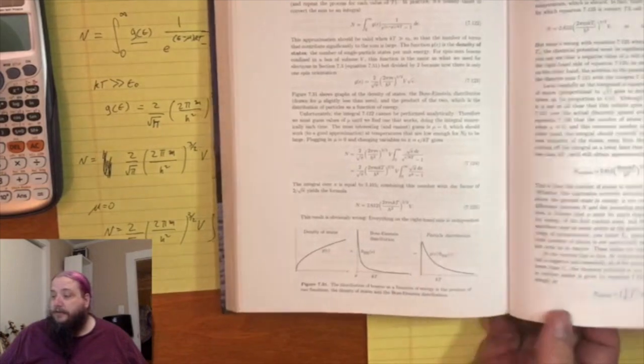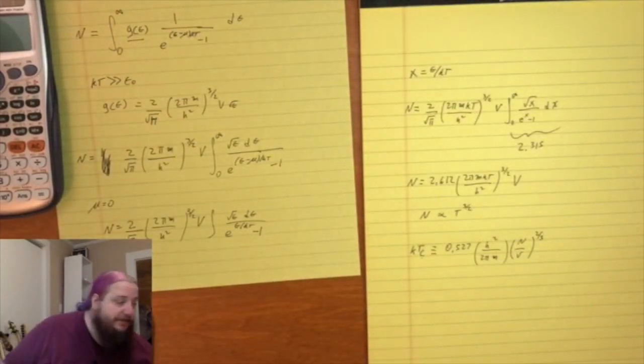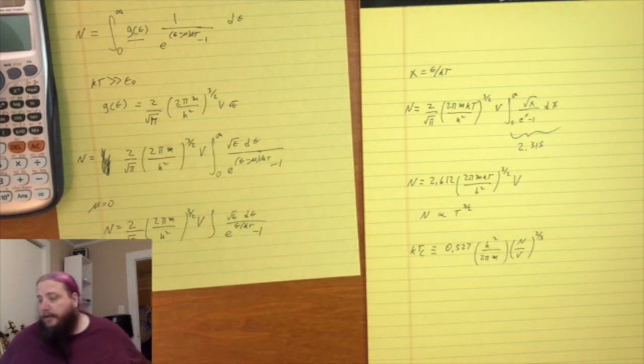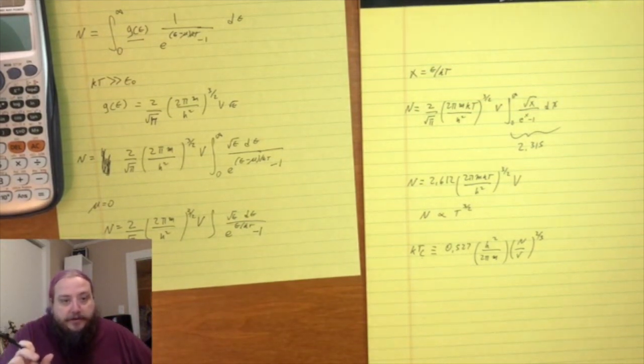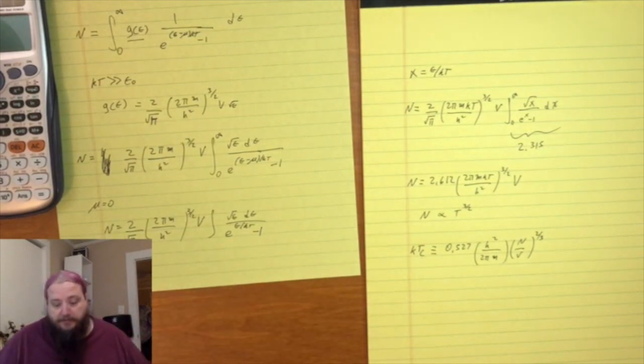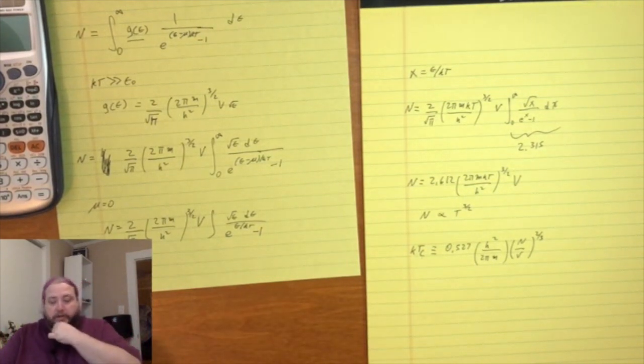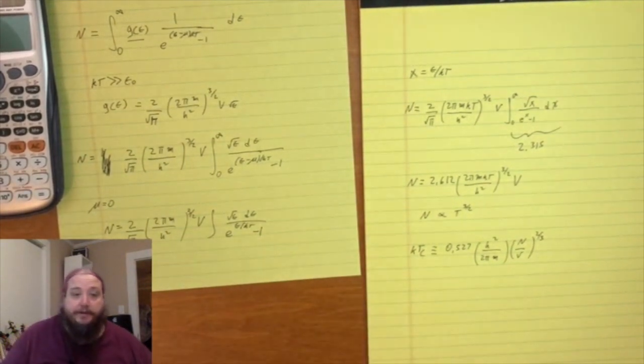Treating this as an integral below the condensation temperature doesn't work very well, because the terms in those sums are going to be dominated by, at the very least, that ground state term, and potentially several terms above it. So treating this as an integral just becomes invalid below this point.